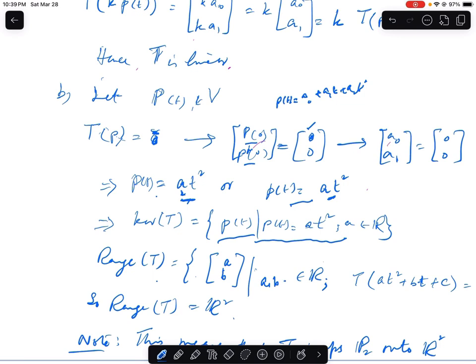So a and b are real numbers, and the question is what is the polynomial, the pre-image of a, b? It means all polynomials P of t which look like this. Remember, P of 0 gave us a, so a has no variable, so a plus b t plus c t squared.